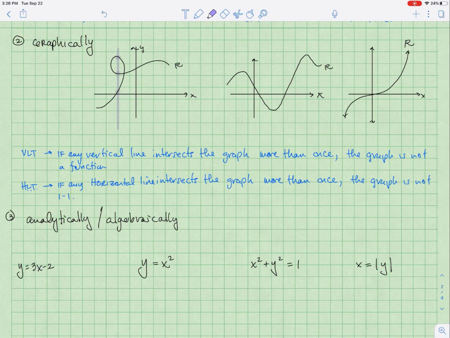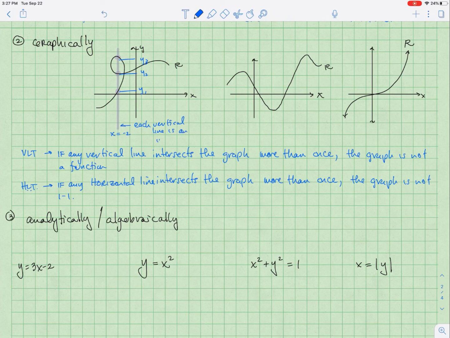And what's going on here is you have an x value, maybe x equals -2, that corresponds to multiple y values, y1, y2, y3. So what the vertical line test is doing is when you draw a vertical line, each vertical line is an input.